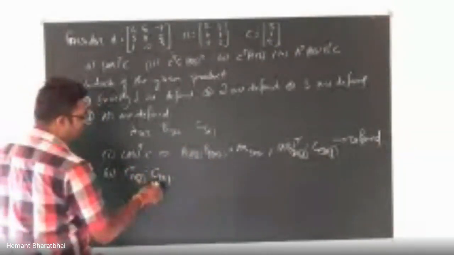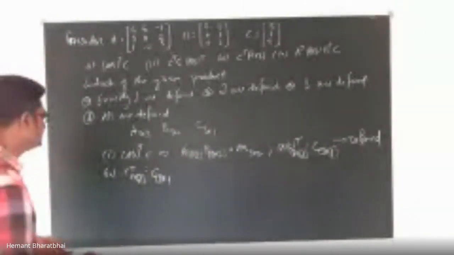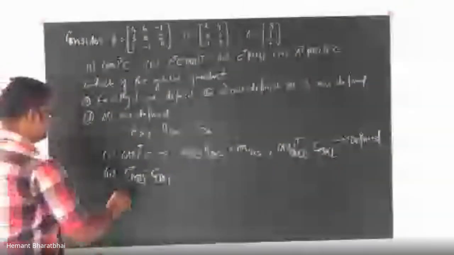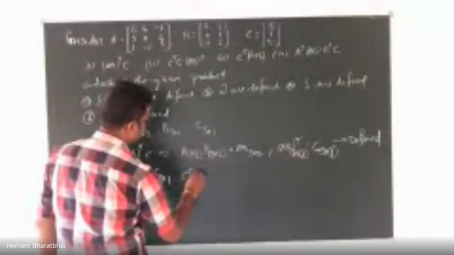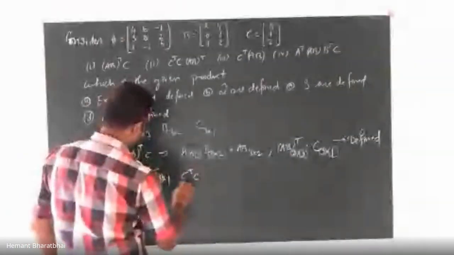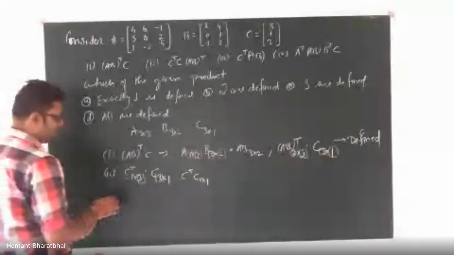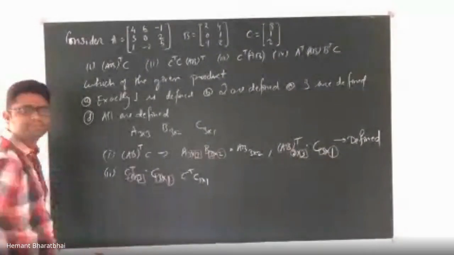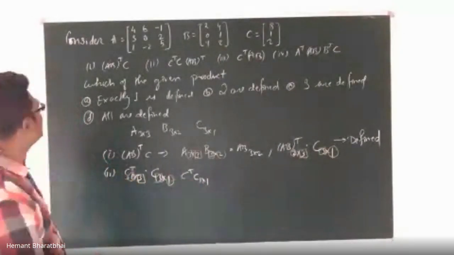The number of columns of the first equals the number of rows of the second, so it is defined. This product will have an order of 1 by 1, from the remaining 1 and 1.